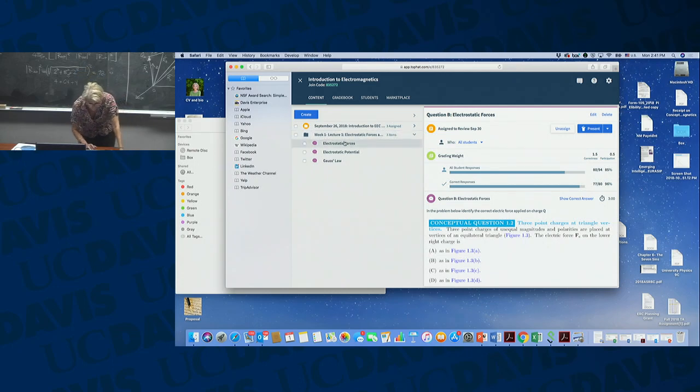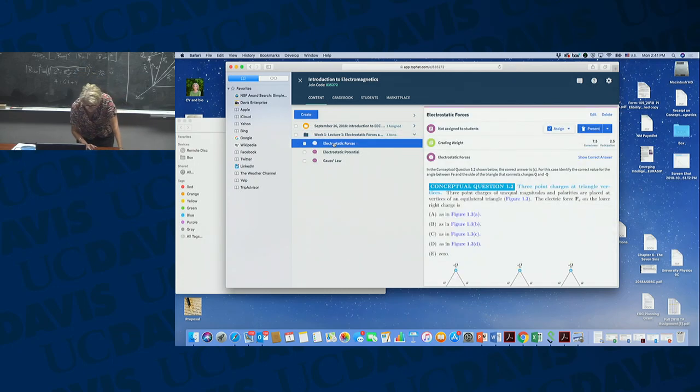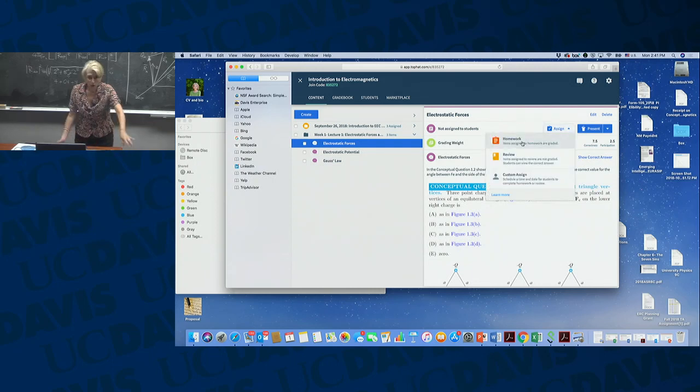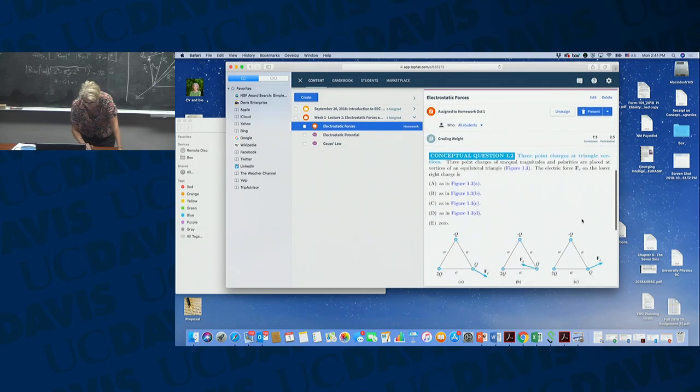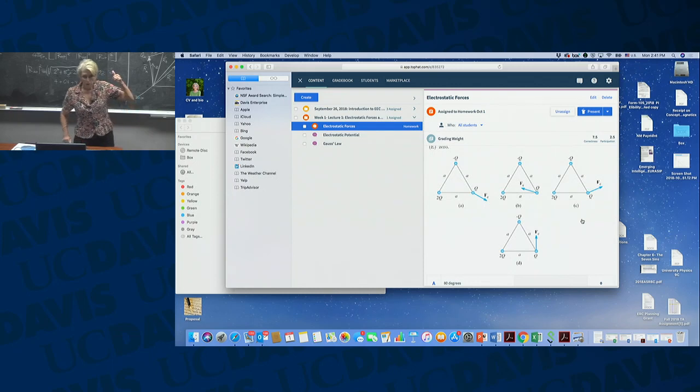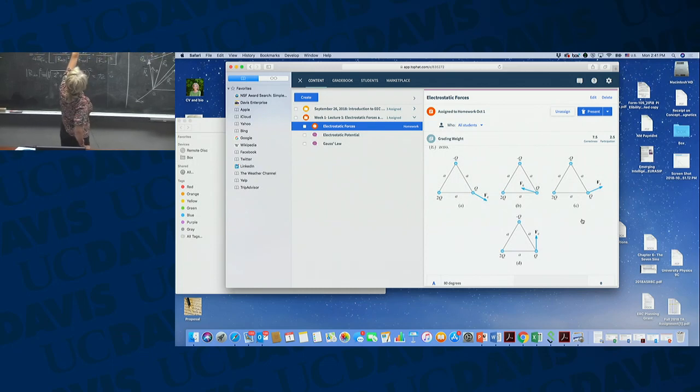So I will start with this one, and I will assign it to you. I will give you 5 minutes. You will read it in front of you as well. It gives you the same problem like before. It asks for a correct solution, and I give it to you that it's C, the correct direction of the force.